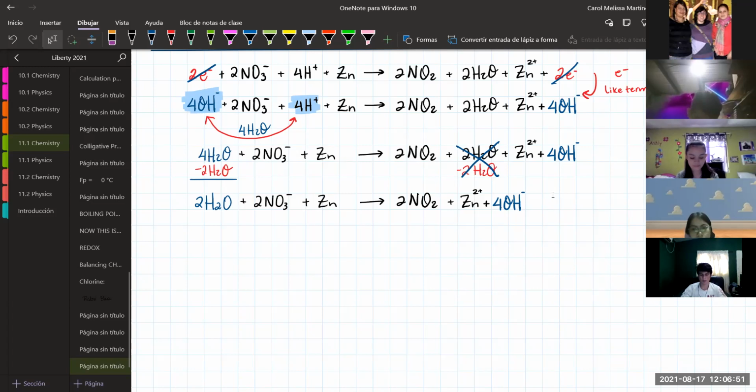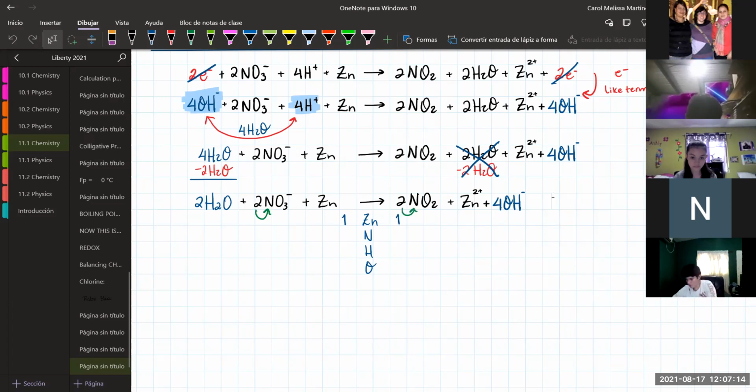the charges. So I'm going to check the number of atoms, zinc, nitrogen, hydrogen, and oxygen. And I'm going to start counting atoms. I have 1 zinc in the two sides. I have 2 times 1, 2 times 1 nitrogen in the two sides.